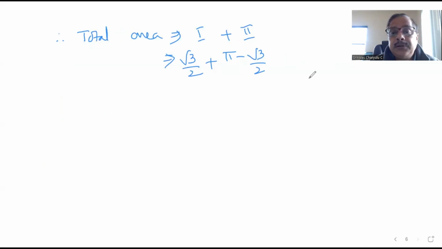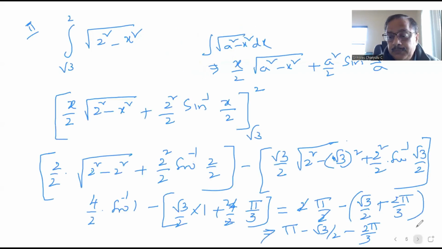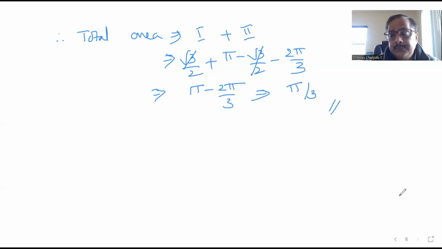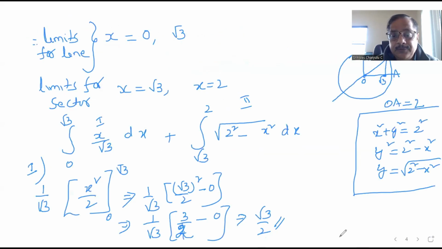Carefully we should do this. Minus 2 pi by 3. So root 3 by 2 and root 3 by 2 cancel. So we have only pi minus 2 pi by 3. That means finally the answer is 3 pi minus 2 pi by 3. Okay. So first one we got root 3 by 2, this is correct.